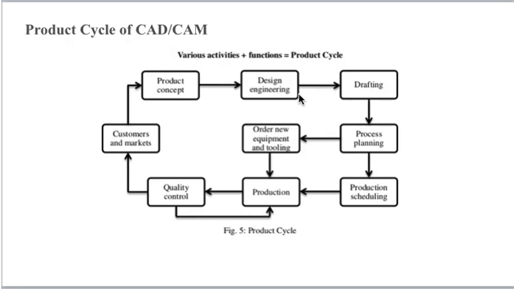Whatever the case, the product cycle begins with a concept, an idea for a product. This concept is cultivated, refined, analyzed, improved, and translated into a plan for the product through the design engineering process.